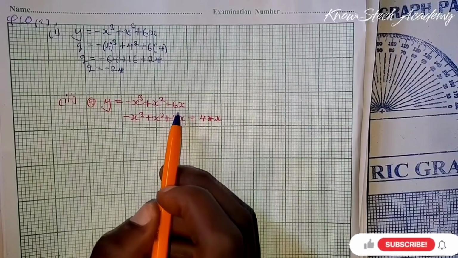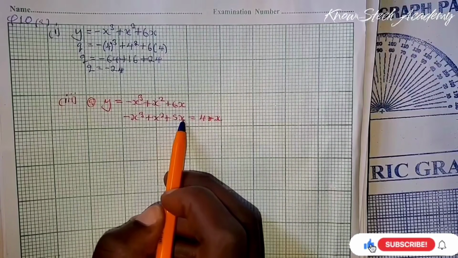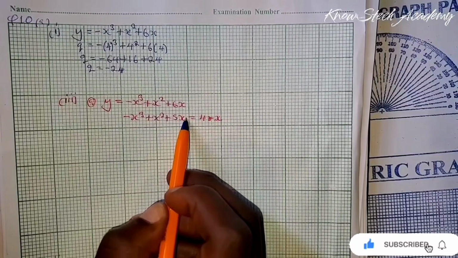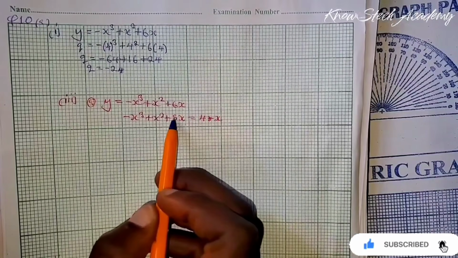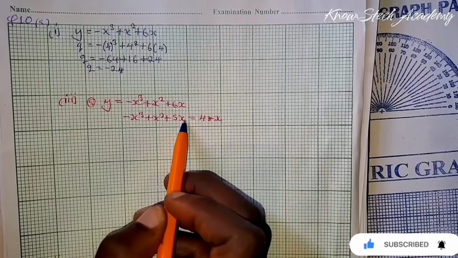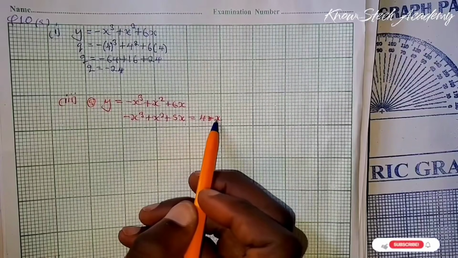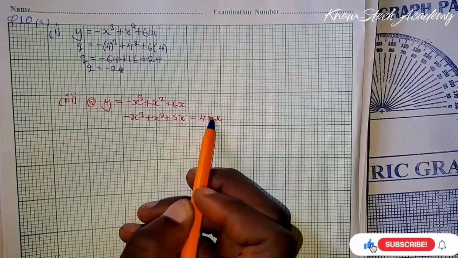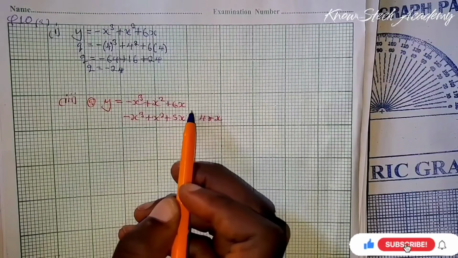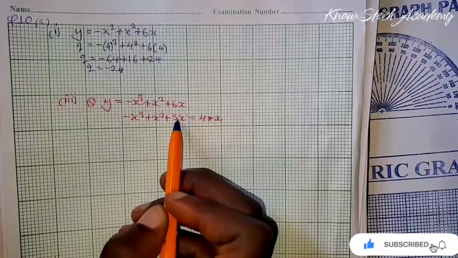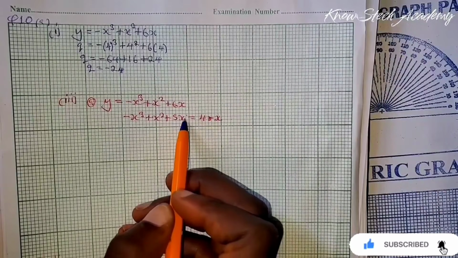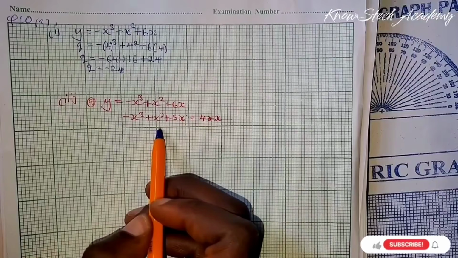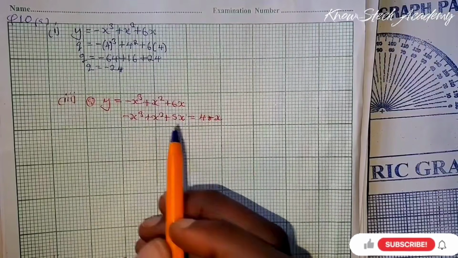Since this is 6x and this is 5x, you can add x to both this side and this side, so that it becomes 5x, 6x. Or since you already have a negative x here, this x can come to this side. When this negative x crosses the equals sign, it becomes positive x, and 5x plus x is 6x, so these two equations will now be equal.